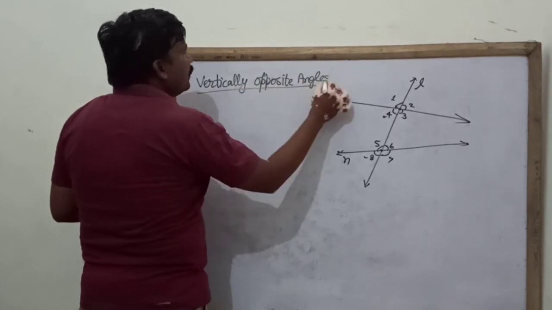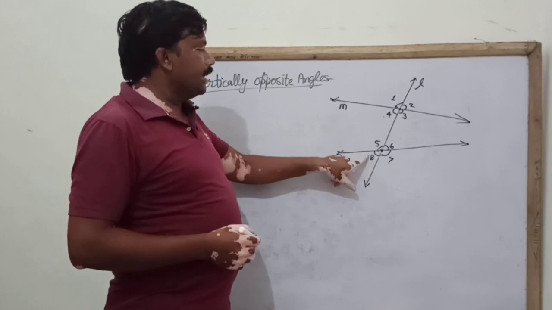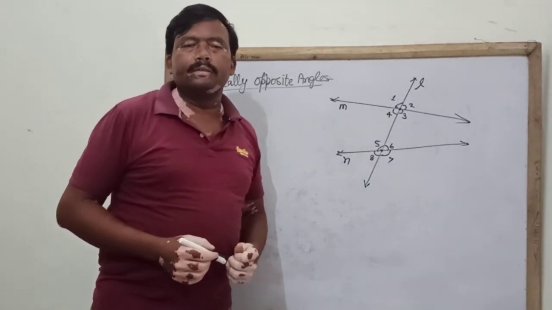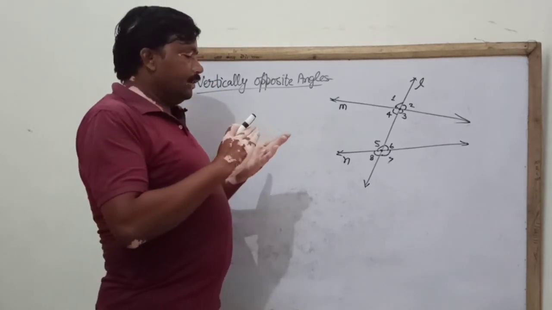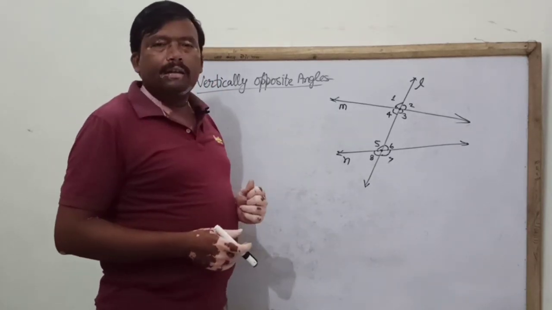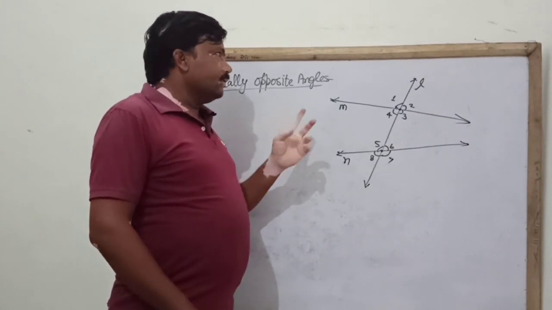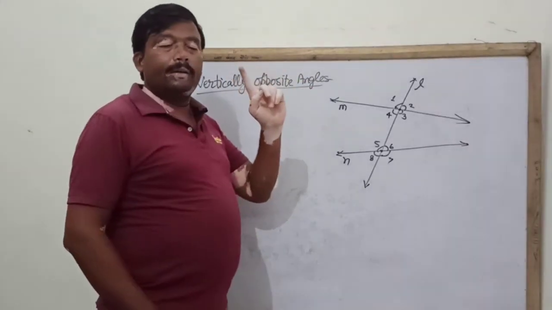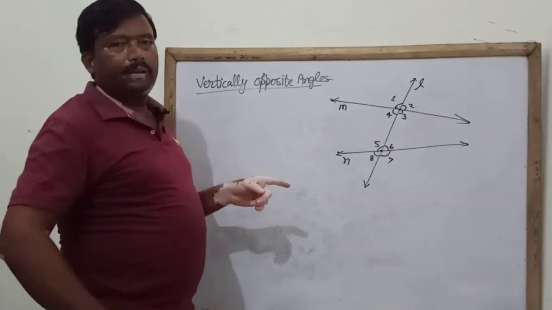Look at the figure and tell me the vertically opposite angles. Which are the pairs of vertically opposite angles? If you recall this term, we learnt it before exercise 6.1.